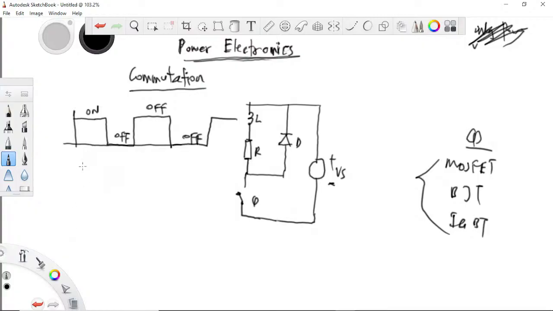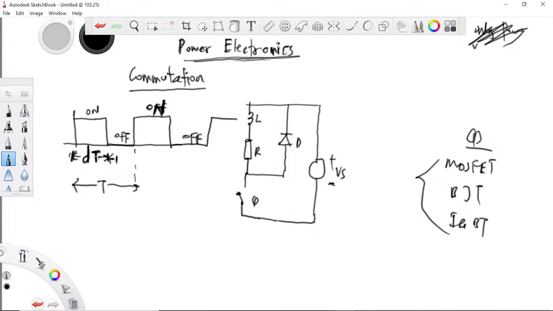Now the ratio of the period for which the switch is on over the entire period is what we call the duty cycle, D. So the switch is on for a certain duty cycle of the period. You get it? This is my entire period, and it's on for a certain duty cycle of the period, and then it is off.